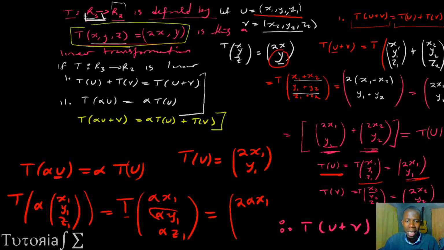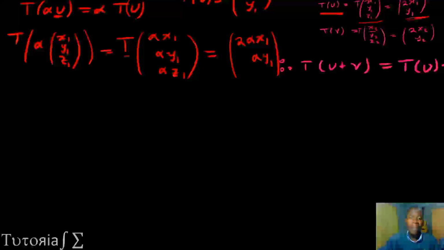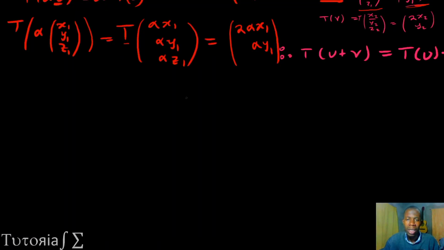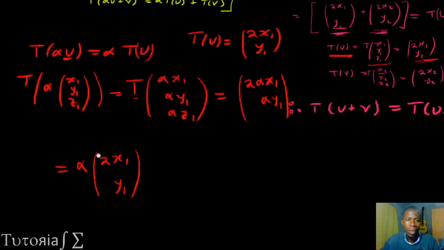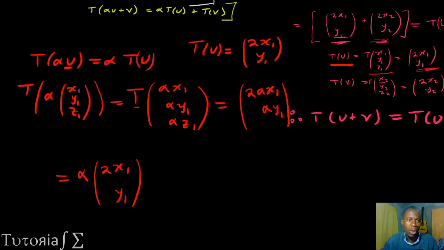So the y part in this case is this part right here, which is just alpha y1. Okay, and basically here we need to factor out the constant alpha. So factoring out the constant, we see that the constant is on both of these, so we can factor out alpha, and we're going to have 2x1 and y1. So basically this is this right here.